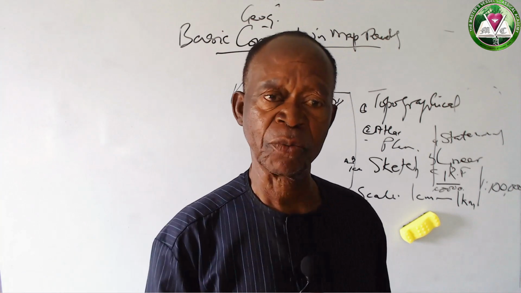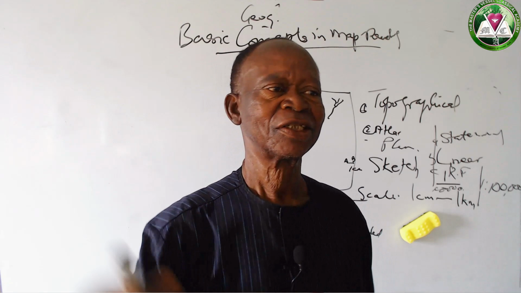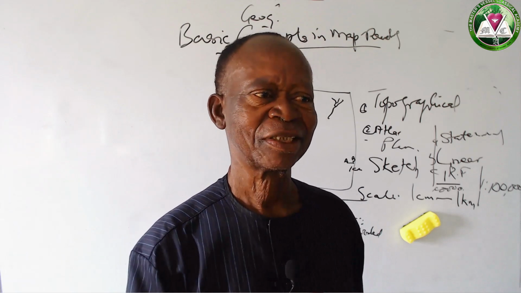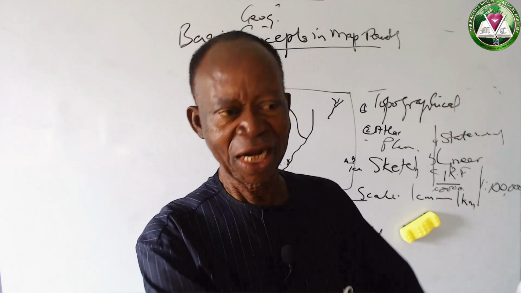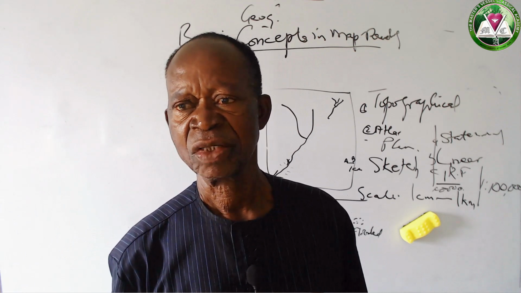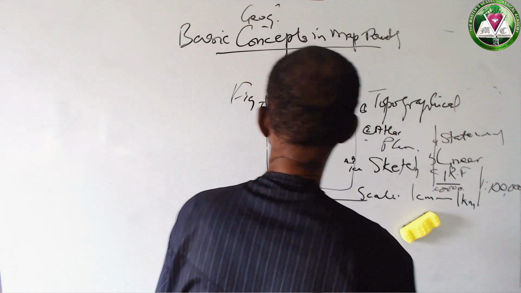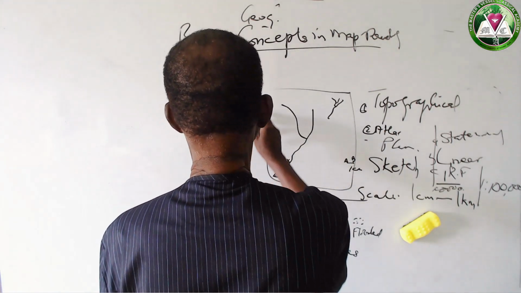Another one that is common is the linear scale, which has what we call the primary and the secondary sections, which we will handle separately.